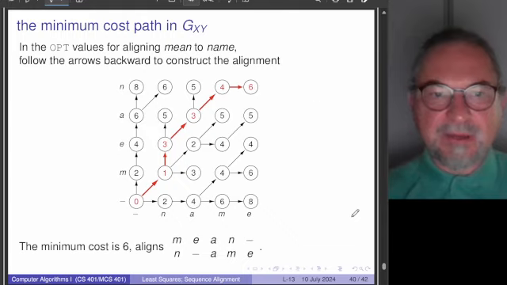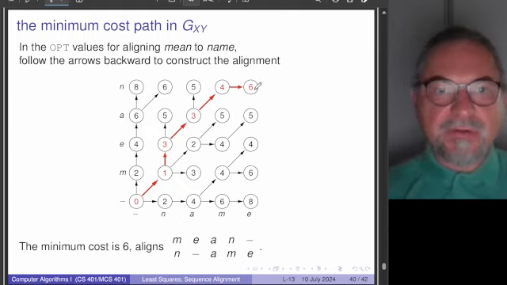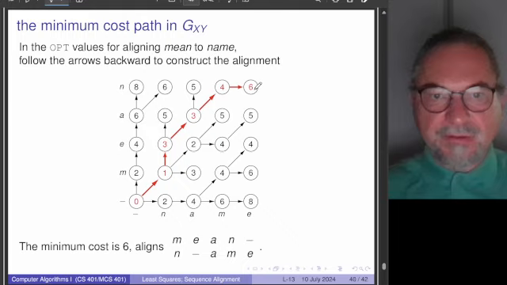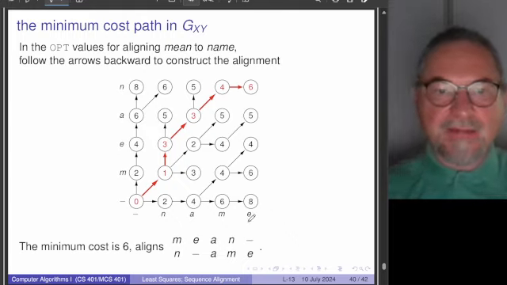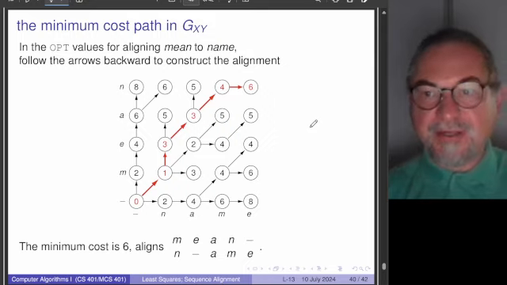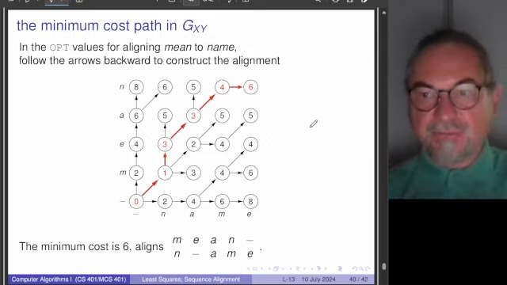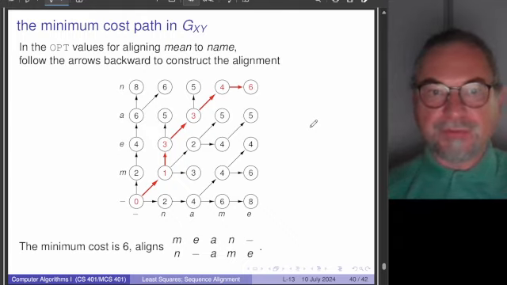You can see the alignment also. So 6 starts with the last character, N and E, but you move horizontally, so you take the E, but you insert a gap, because then you avoid essentially the 3 cost of mismatching a vowel with a consonant.